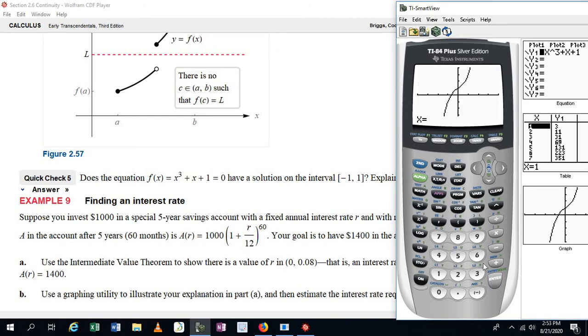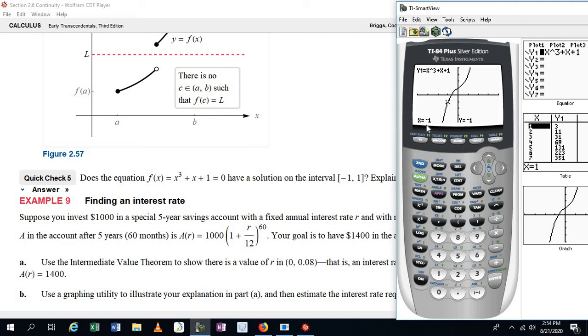Press enter, and it prompts you for an x value. I plug in -1, and the y value that comes out is -1. When x is -1, y is -1, so f of -1 is -1.